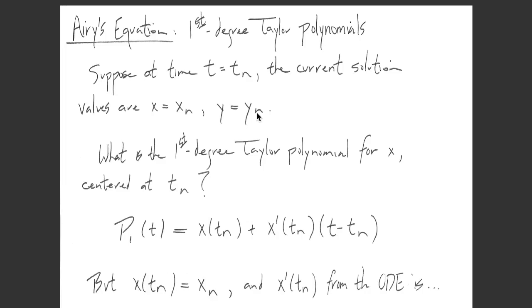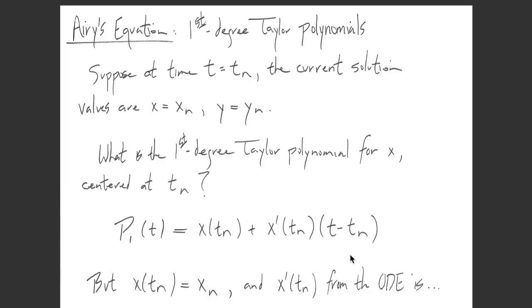The question we want to look at is, what is the first degree Taylor polynomial for the unknown solutions x and y centered at that time t sub n? So let's consider x first. Let's call the Taylor polynomial for x just p1, to indicate we're talking about a first degree Taylor polynomial.